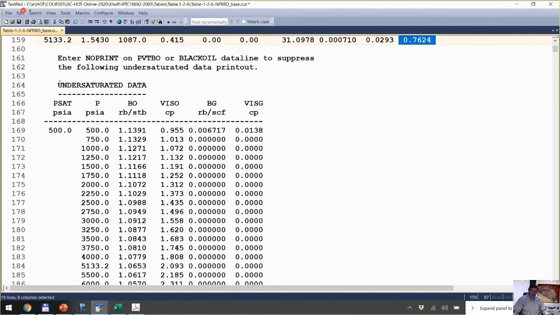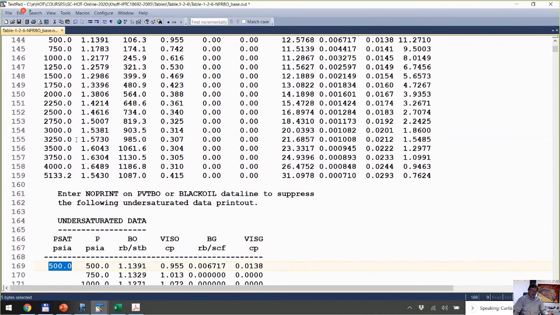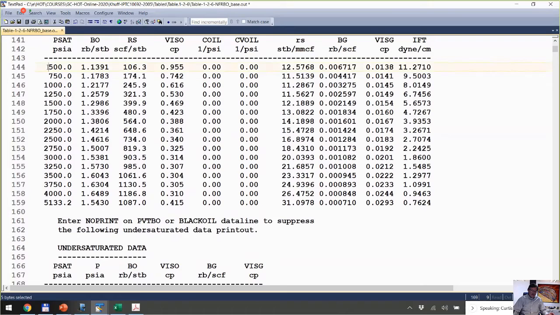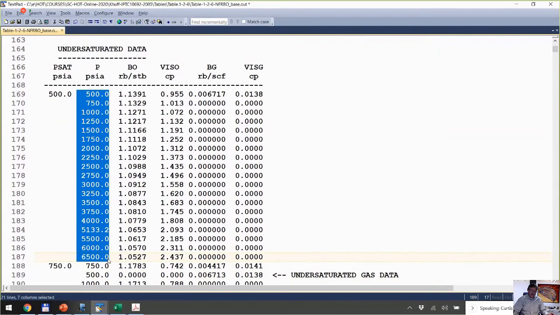So for the undersaturated properties, basically what's going on here is that you take that oil, well, the saturated oil that you end up at 500 psi bubble point with these properties here. If you take that depleted oil and you take that oil to higher pressures, okay, these are undersaturated pressures.